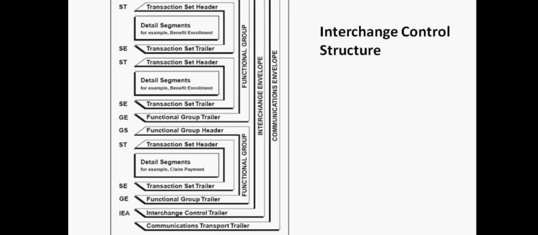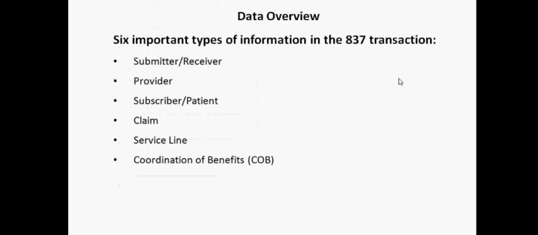Hi Aparna, I think you have a question here. So let me go back to the COB. COB is coordination of benefits, right? For example, if I have an insurance company from Blue Cross, and my wife has insurance from Aetna, then one is primary and the other is secondary.